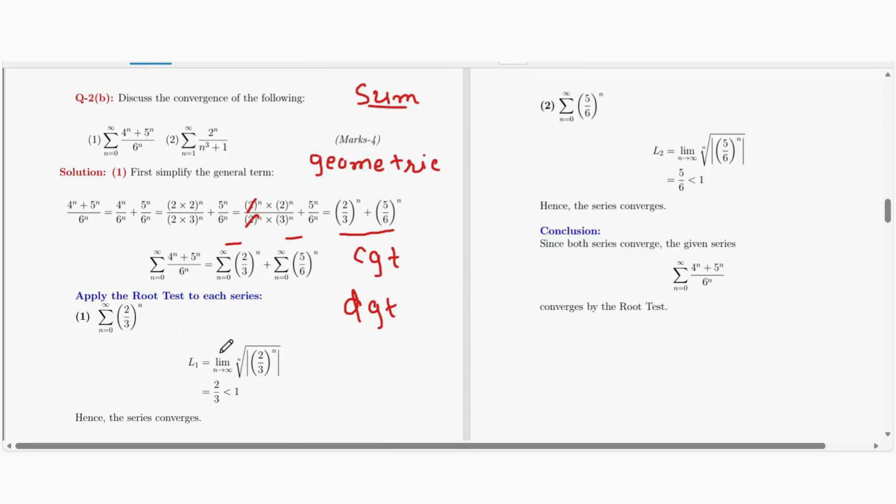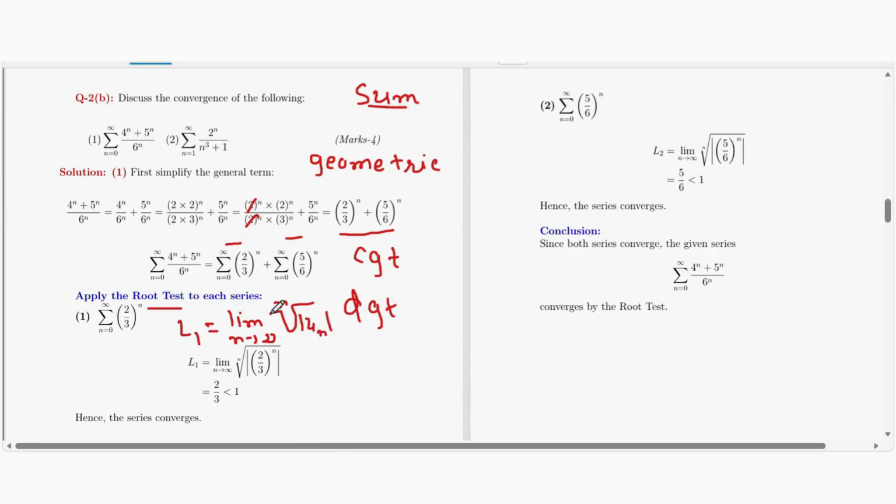So now let's find the convergence of this first series using the root test. So first of all, what is the root test? For root test we need to find the limit L, limit n tends to infinity, nth root of mod un. Okay, here un is what?